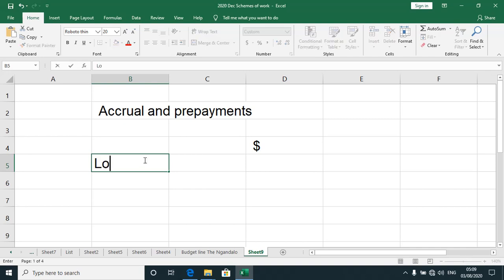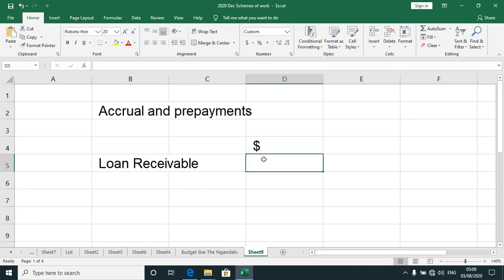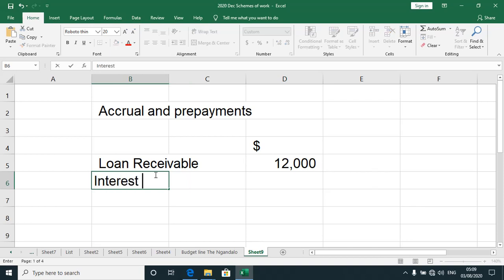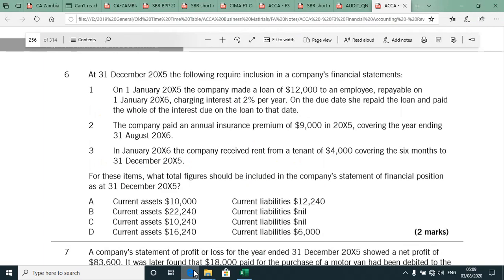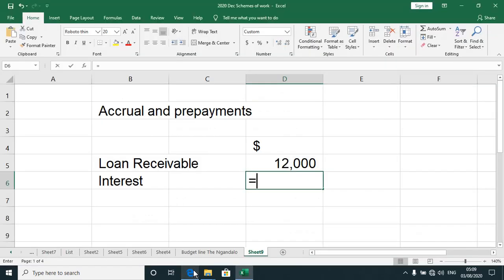Okay, I can write that: loan receivable was standing at 12,000, and then the interest on that loan was also outstanding by 31st of December at about 2%. So we need to do some bit of work there.